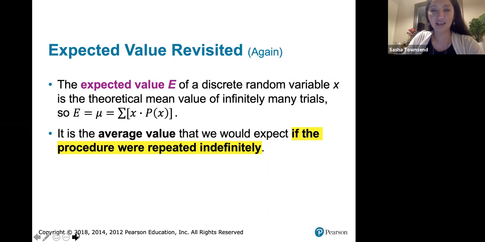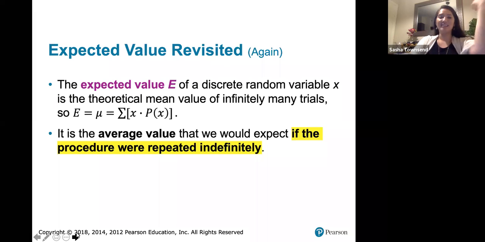So let's say you're making a bet and we're finding the expected value of that bet. That's the amount that you would tend to lose or win, averaged, if you continued to make this bet over and over again, repeated indefinitely.